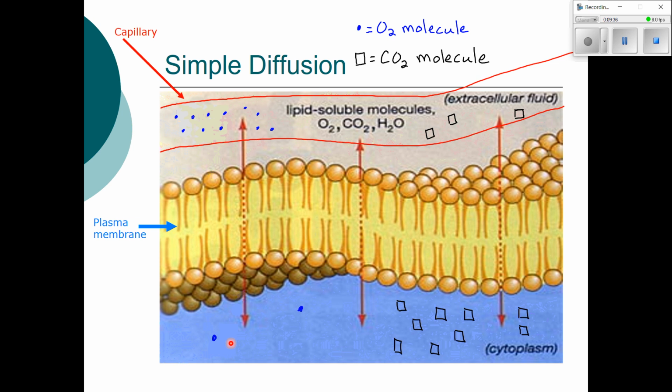We have a much lower concentration of oxygen inside the cell. That's pretty typical because cells are constantly using up oxygen. It's usually a fairly limited supply. So there's going to be what we call a low concentration of oxygen in the cytoplasm, a much higher concentration in the blood, and that turns out to be a very good thing, because remember, molecules have no choice.